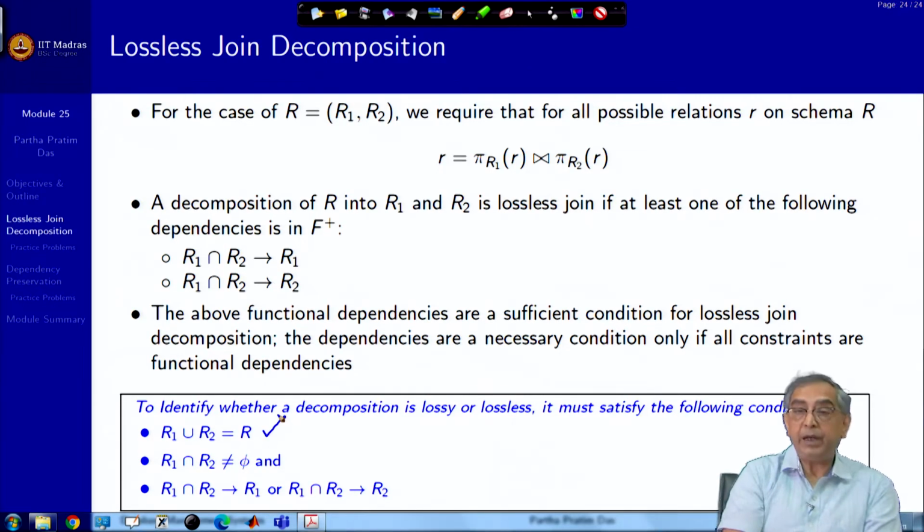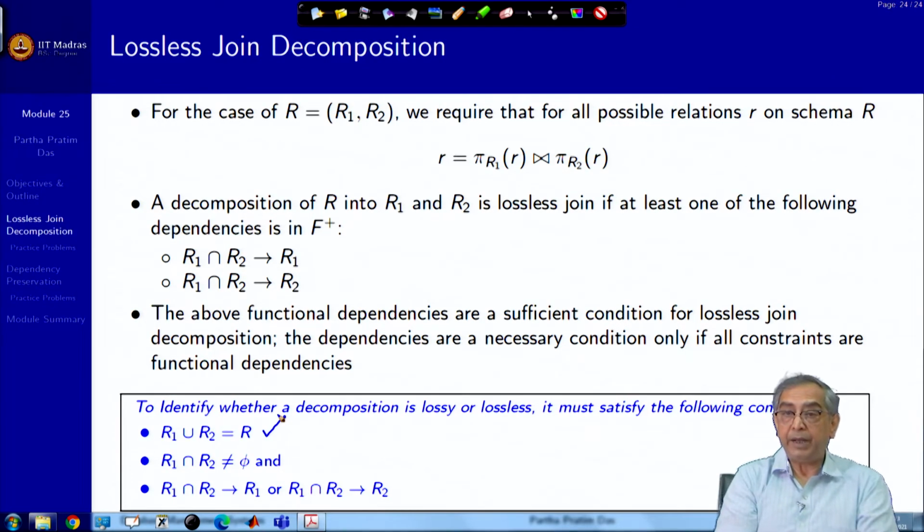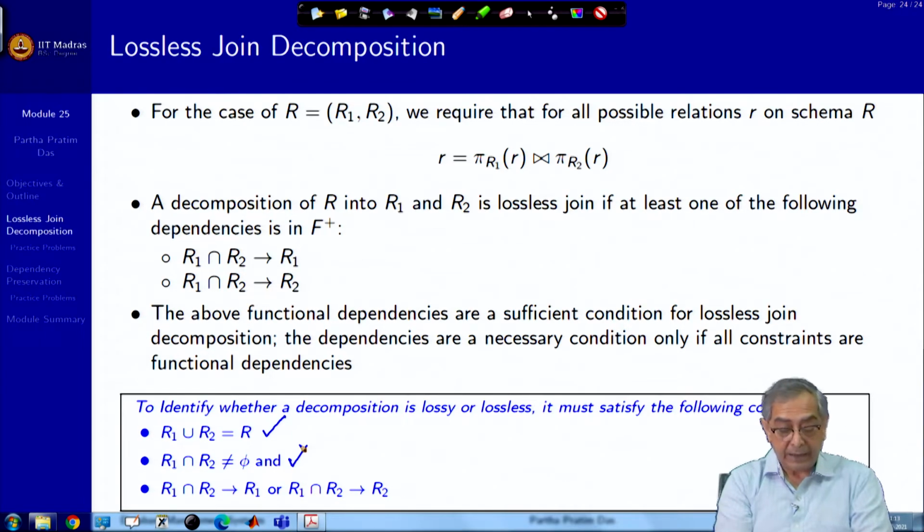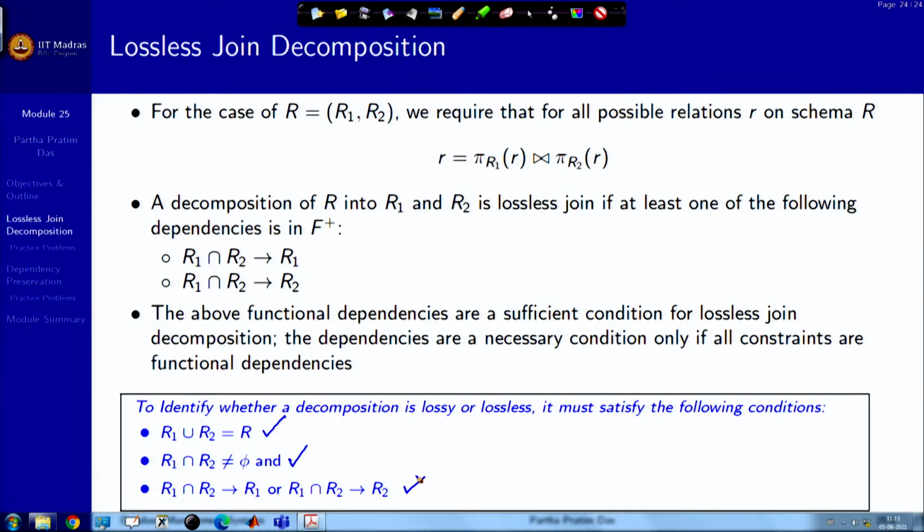So, the union of attributes should match the total set, the intersection must be non-null, and the intersection set of attributes must be a key in at least one of the decomposed relations. That is the sufficient condition to ensure that you have lossless join.